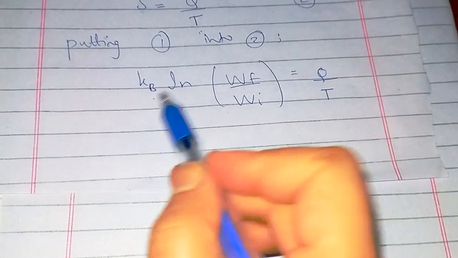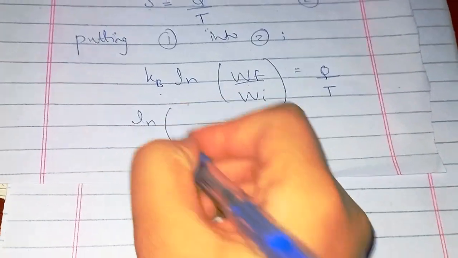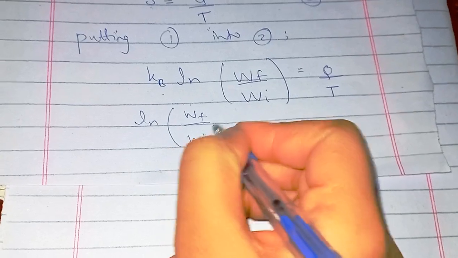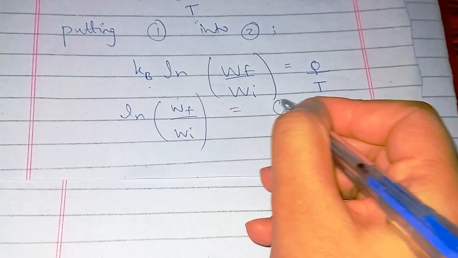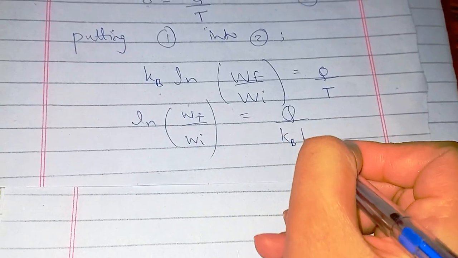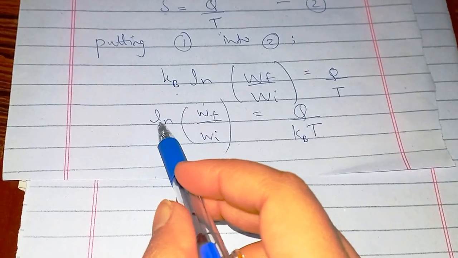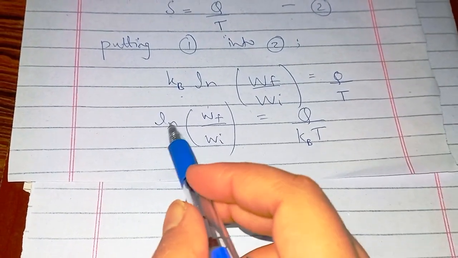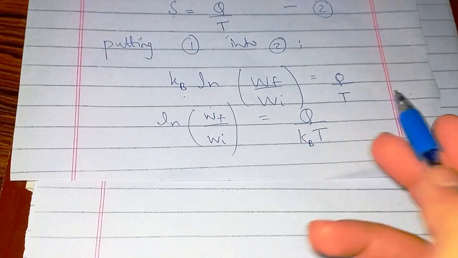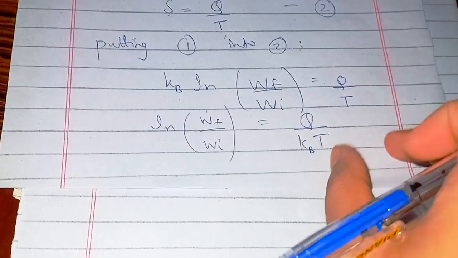We can take Kb to the right side of the equation so that we can separate Wf by Wi. So it's Q by Kb T, where Kb is the Boltzmann constant. Now we need to remove that natural logarithm, so I'm going to make a natural logarithm here.